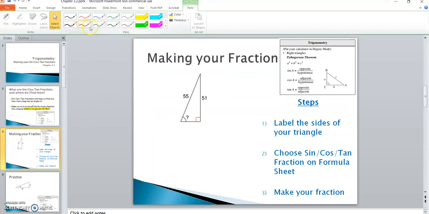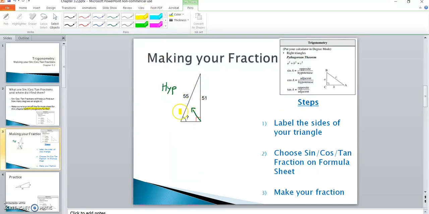Alright, so making your fraction. There are 3 steps to this process, and the very first one is to label the sides of your triangle. So you may recall from last video how to label the sides of your triangle. I'm going to start by drawing an arrow through the square, and this side is going to be my hypotenuse.